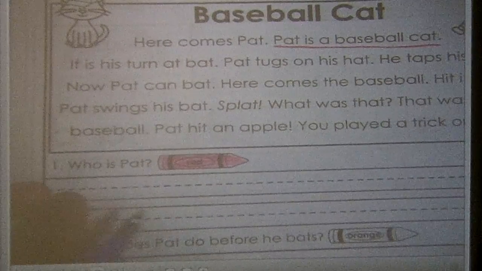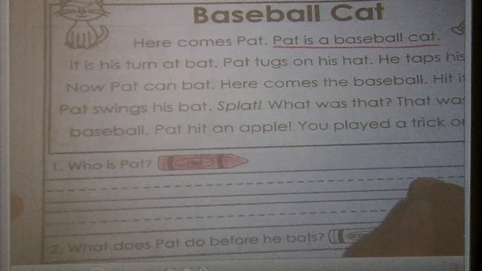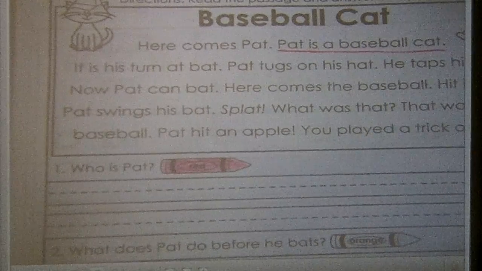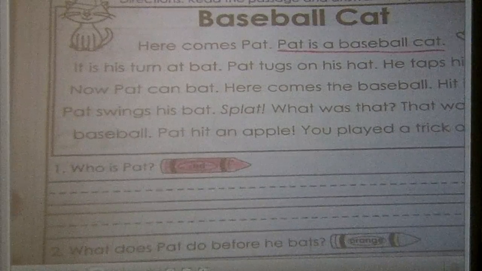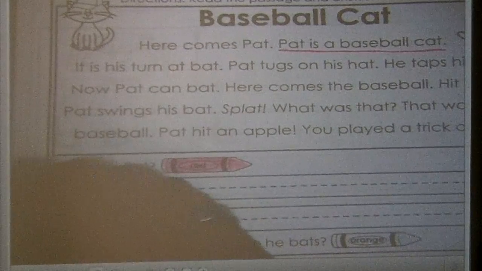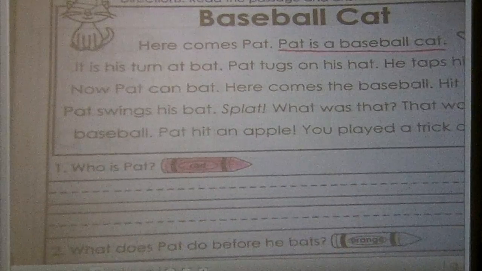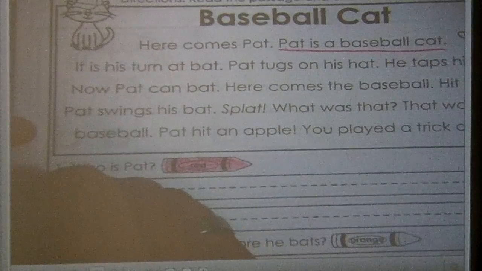So the answer is, Pat is a baseball cat. And on these lines down here, they want you to write that sentence as neat as you can to practice your writing and practice the understanding of the story. So we are going to start by writing Pat, and Pat is someone's name, the cat's name. So we will start with an uppercase letter.